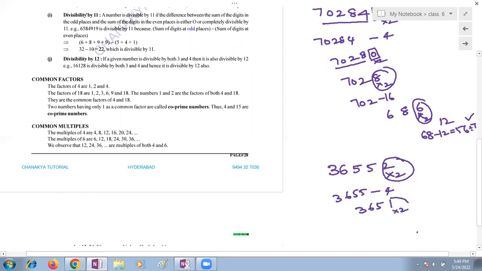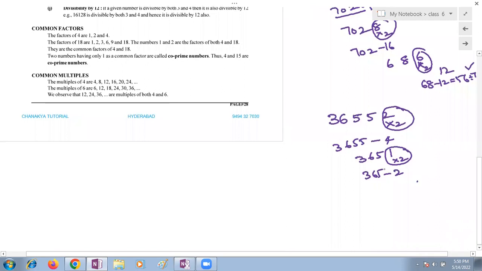Make it twice the last digit. 2. 365 minus 2, ma'am, it's 363. 363, last digit twice it, 6. 36 minus 6, 30. 30 is not divisible by 7, so the number is not divisible by 7.